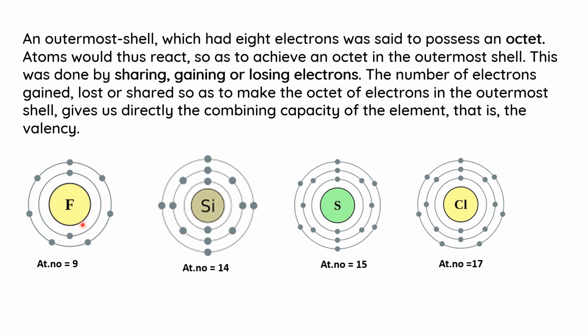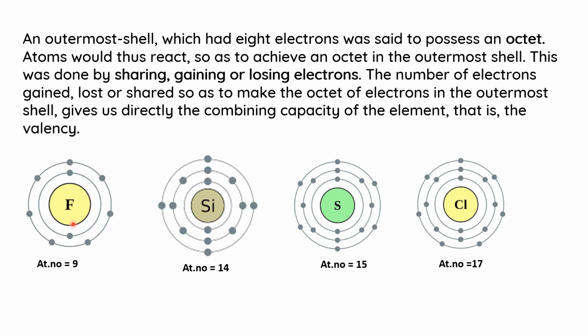Fluorine. Fluorine atomic number 9. Atomic number means the number of protons or the number of electrons. Protons are inside the nucleus, and electrons are revolving around in various energy shells. K shell has 2 electrons, and how many are left? 7 electrons, so 7 electrons are in the L shell.